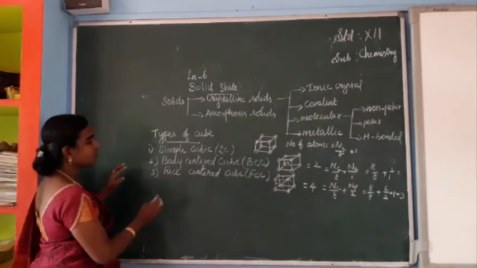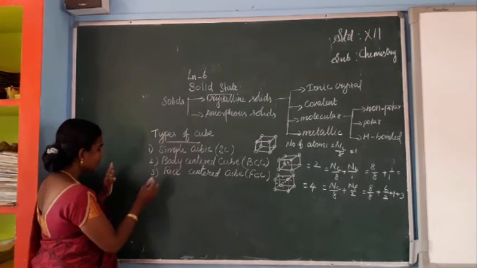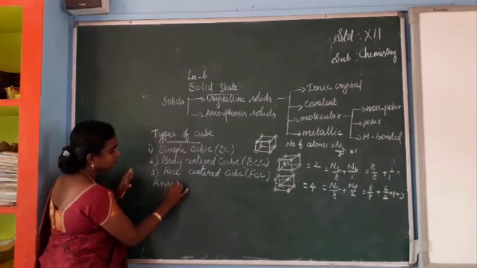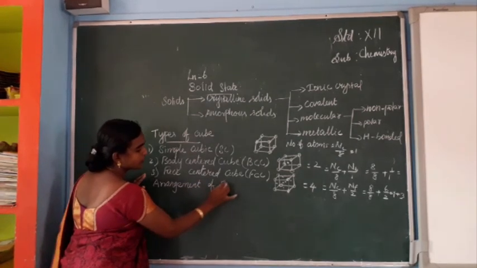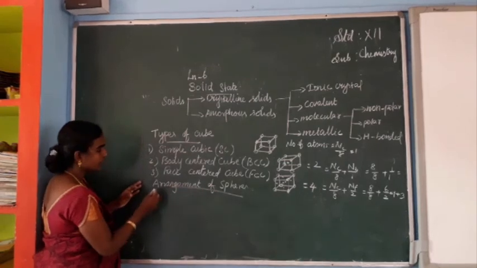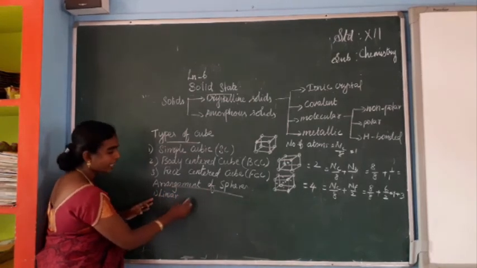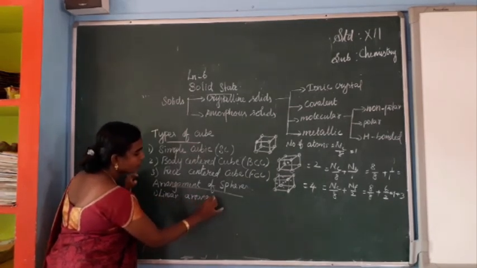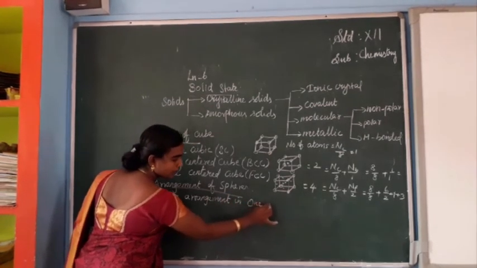Afterwards we have seen the arrangement of spheres in a cube, isn't it? There we have seen linear arrangement in one dimension.